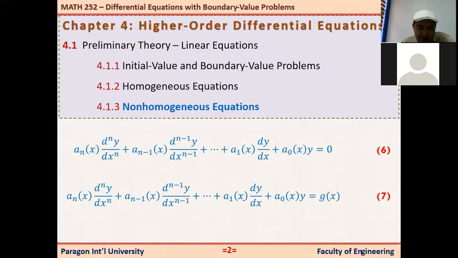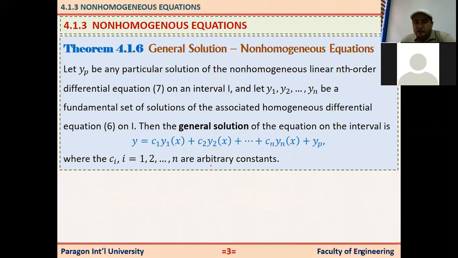The solution of this homogeneous equation we call the complementary solution. After that, we put g of x here, and we find another solution, which we call the particular solution. So, general solution.